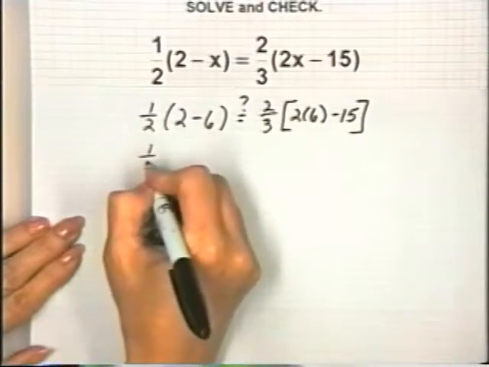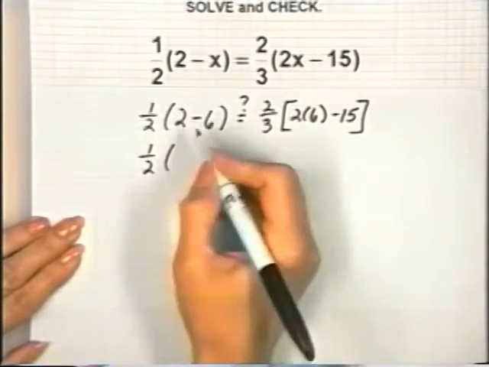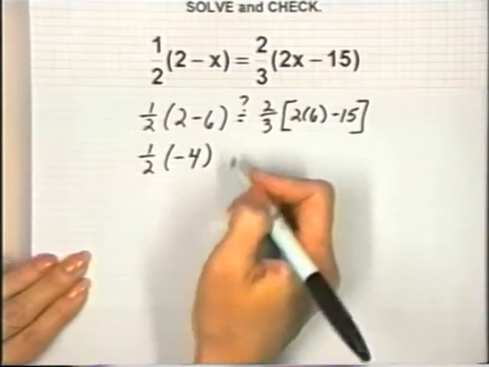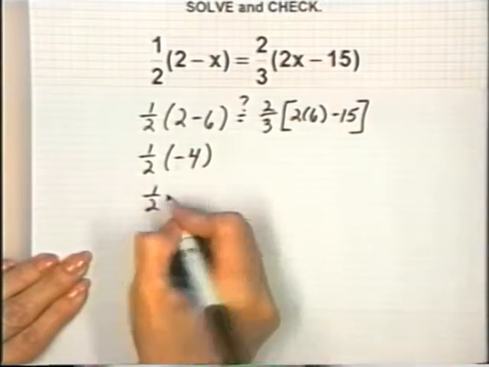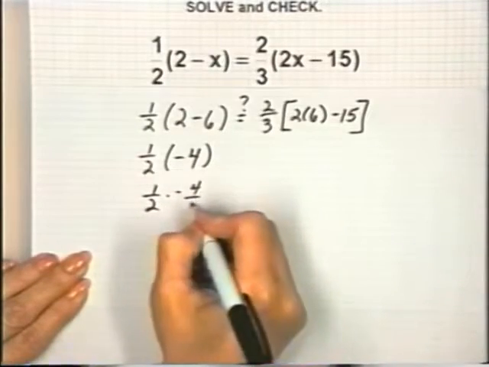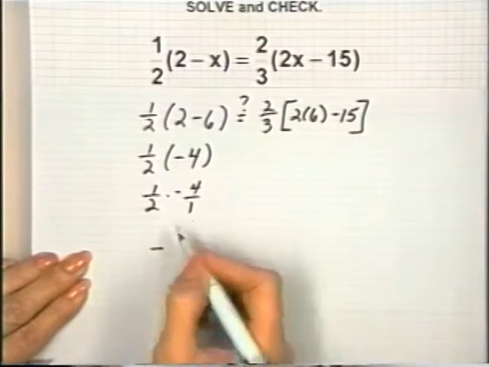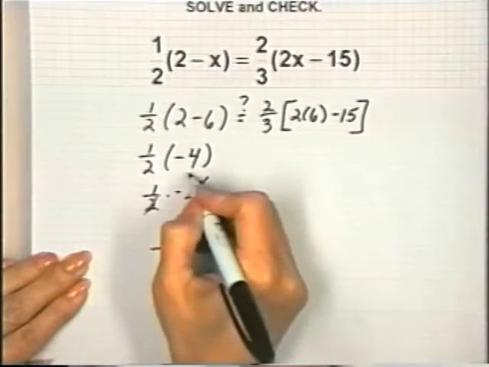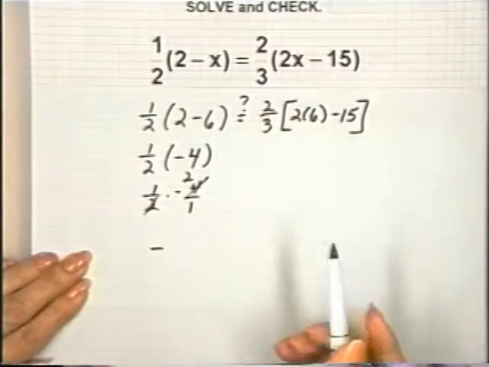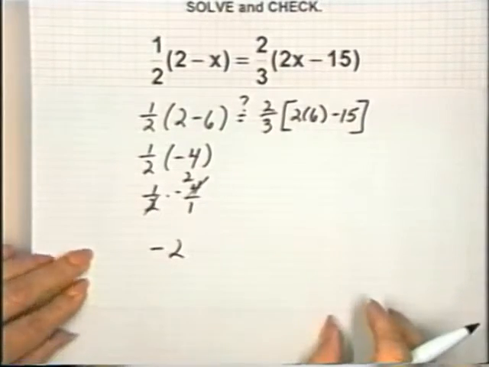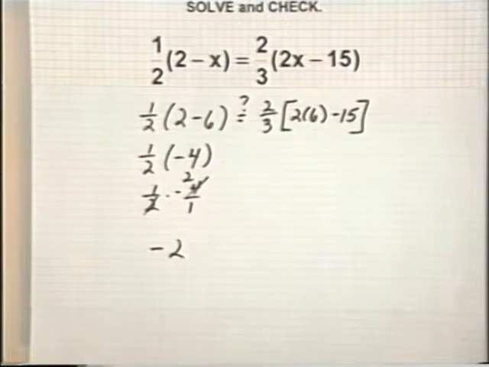On the left, I have 1/2 times 2 subtract 6 is a negative 4. I'll have 1/2 times negative 4 over 1. Positive times a negative is negative. 2 goes into 2 once and into 4 twice. I am left with 1 times 2 or 2 over 1, which is 2. So on the left side of the equation, I have a negative 2.